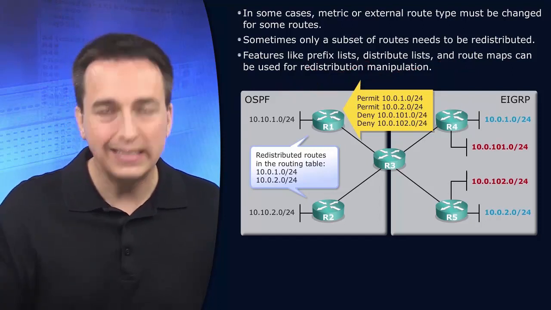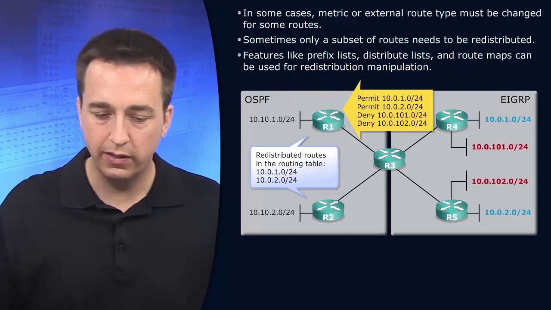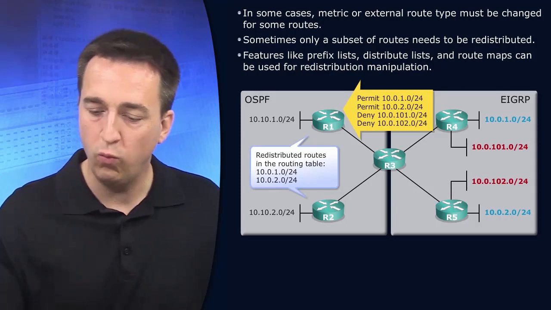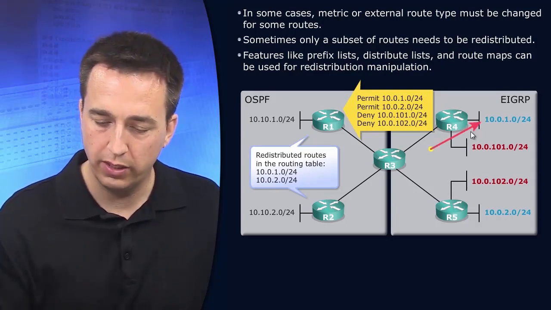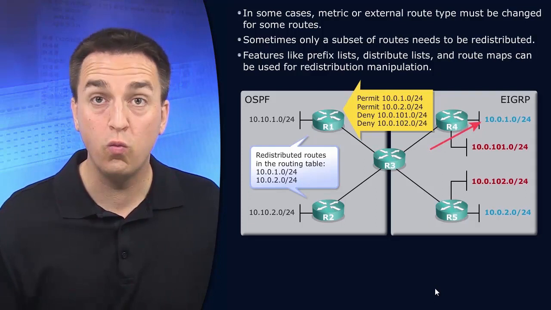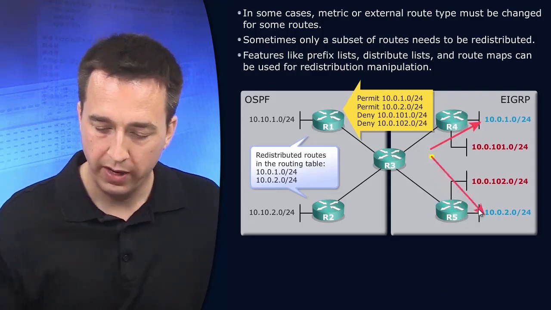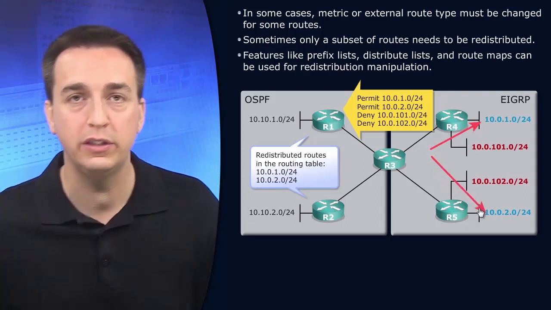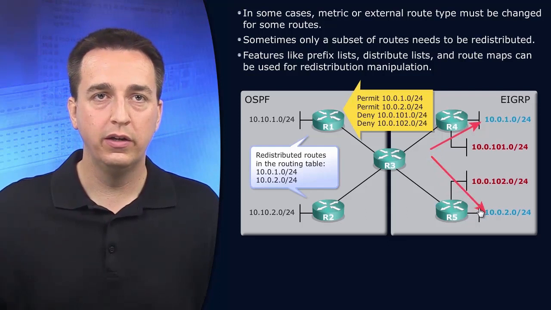So in this simple example they're providing us, they are stating that we want to redistribute just the 10.0.1.0/24 network and just the 10.0.2.0/24 network.